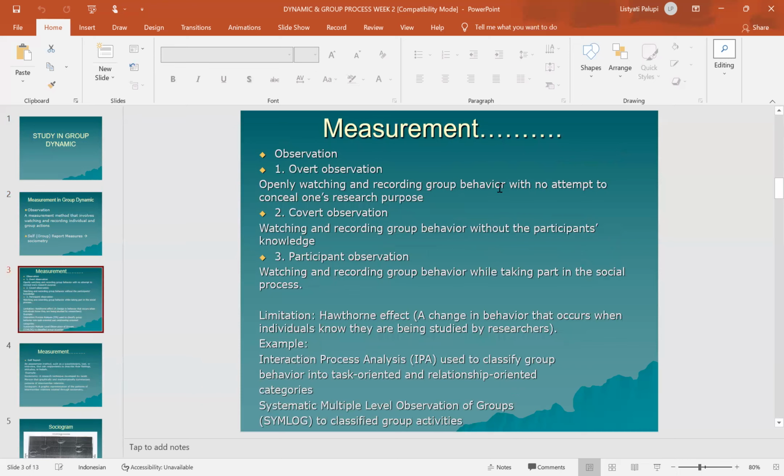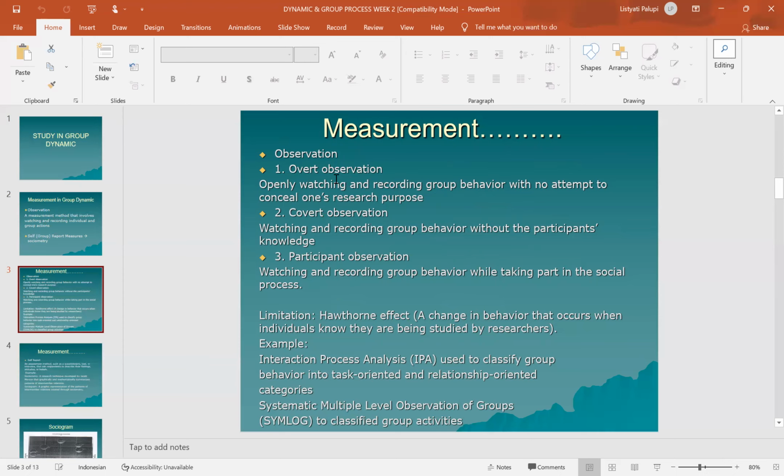Okay, so what is observation? There are several types of observation that are usually used by scholars in investigating group processes. The types of observation are overt observation, covert observation, and participant observation.